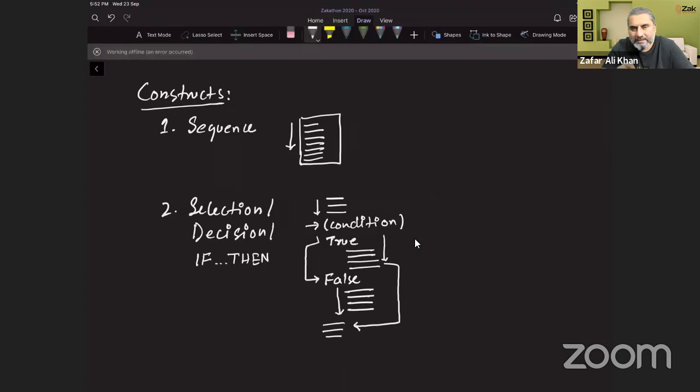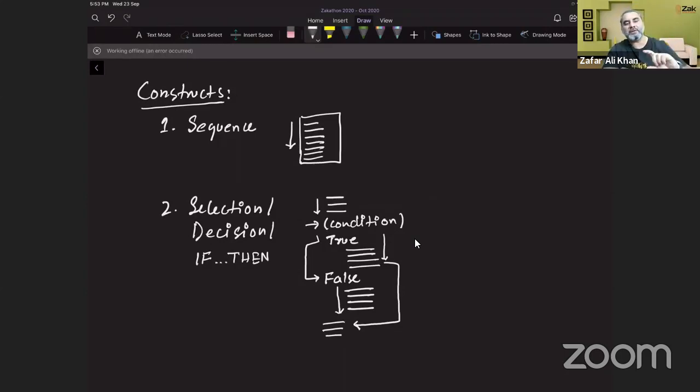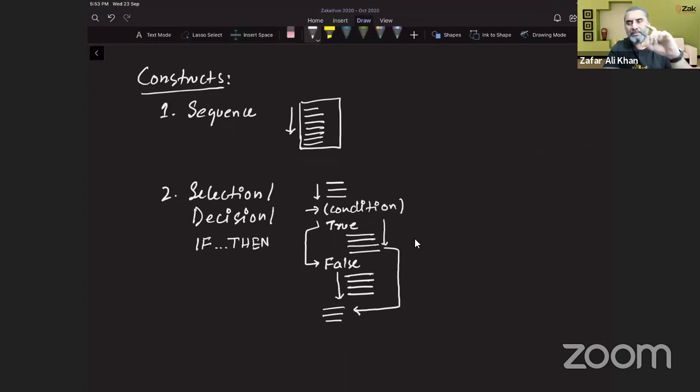So what does it mean? A condition is used whenever we want a part of the program to be executed when the condition is true, and another part of the program to be executed when the condition is false, meaning not the whole program will be executed, but a part of it.